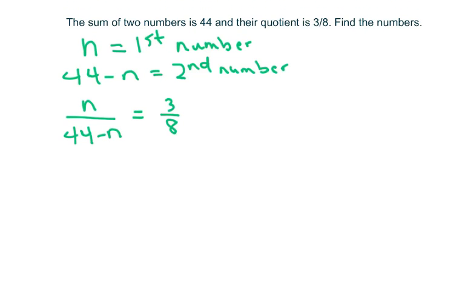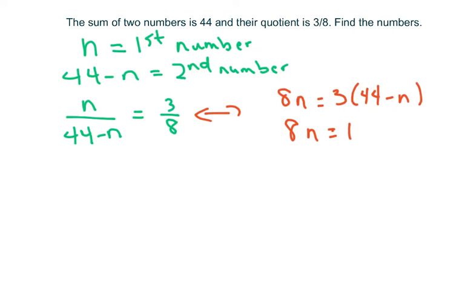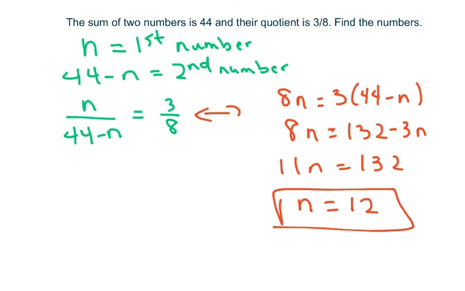Now we're going to cross multiply here, and we get 8n equals 3 times 44 minus n, and we simplify this, and we get 8n equals 132 minus 3n. Add 3n to both sides, you get 11n equals 132. So n equals 12. A lot of n equals 12s on these.